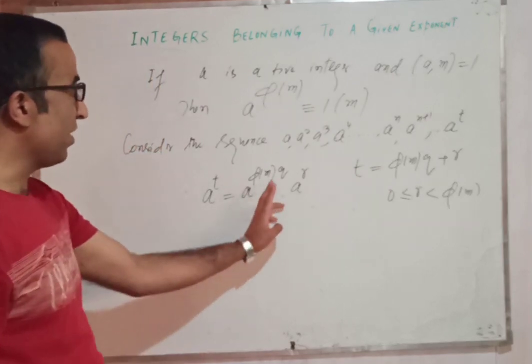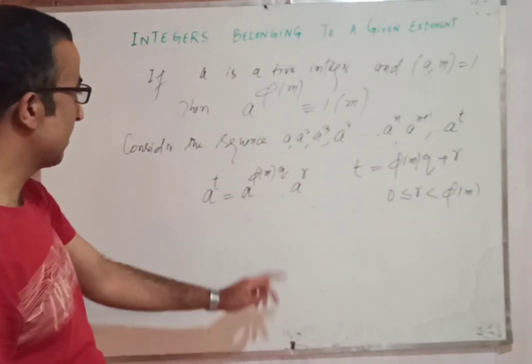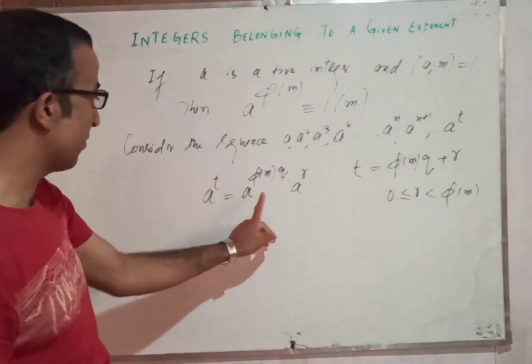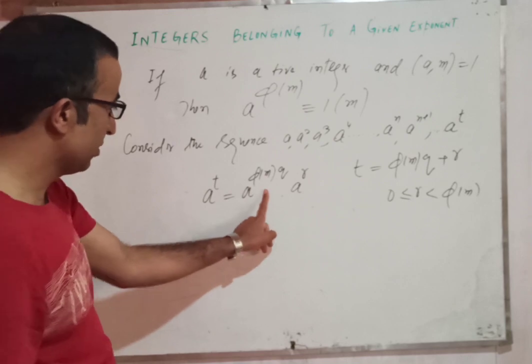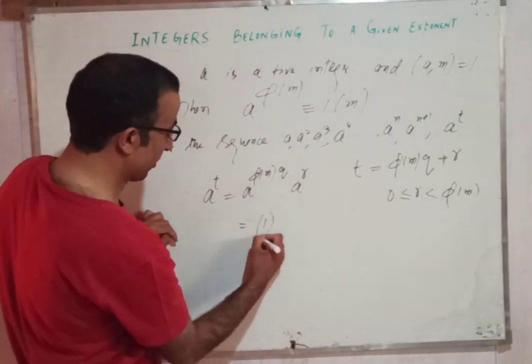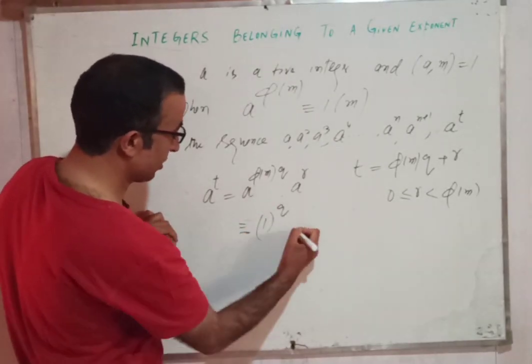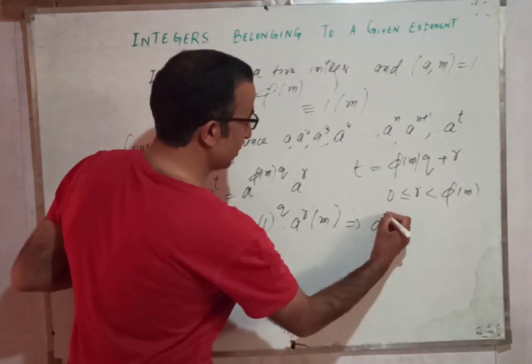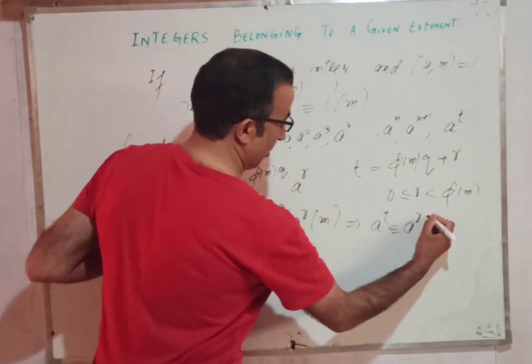But a power phi of m, by Euler's theorem, because I have gcd of a and m equal to 1, a power phi of m will be 1. So this will be 1 power q, into a power r modulo m. Means a power t is congruent to a power r modulo m.